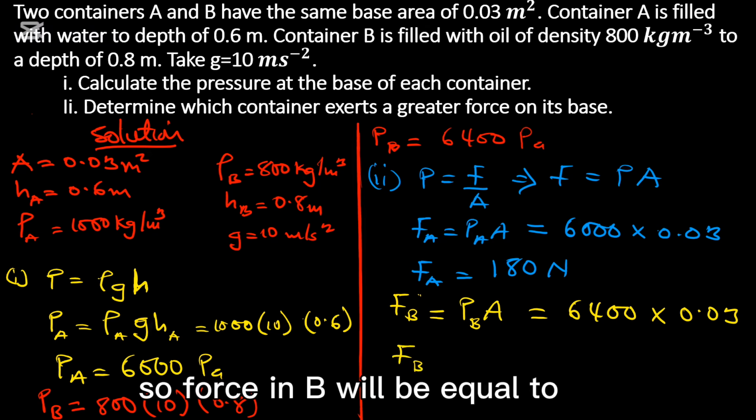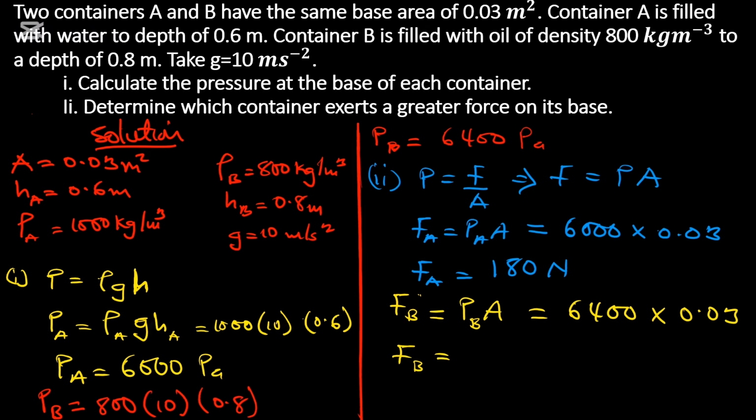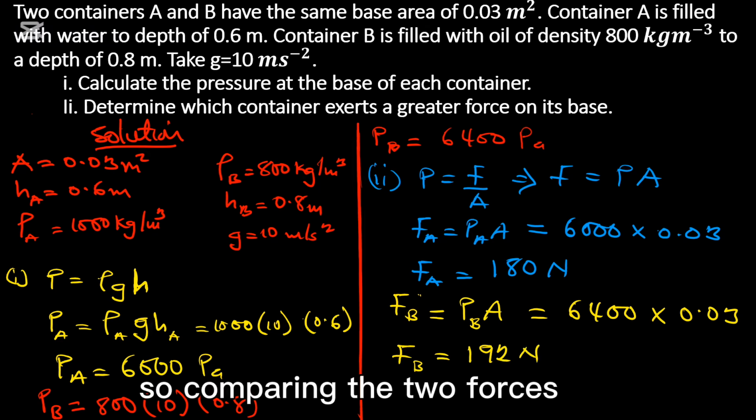So force in B will be equal to, by using a calculator, 6,400 times 0.03. This will give us 192 Newton.